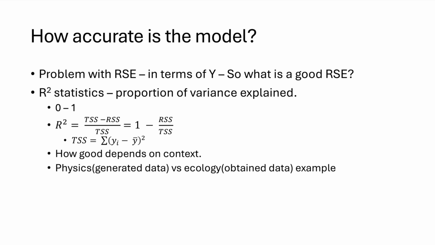While the R-square measures the proportion of variance in the response variable that is explained by the predictor variable, so how much of the variation in Y is explained by X. The R-square statistic is also known as the coefficient of determination, and it ranges from 0 to 1, so it's always a proportion, between 0 and 100 percent, or 0 and 1, like any probability distribution.